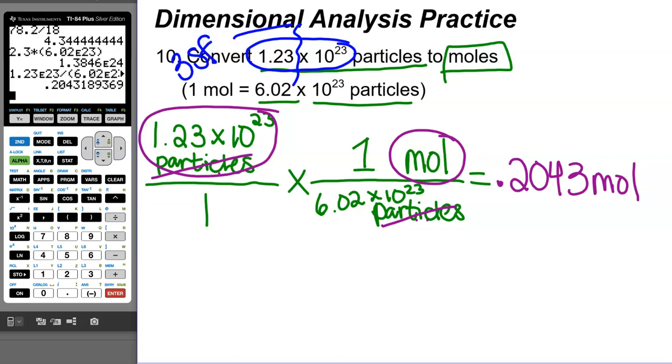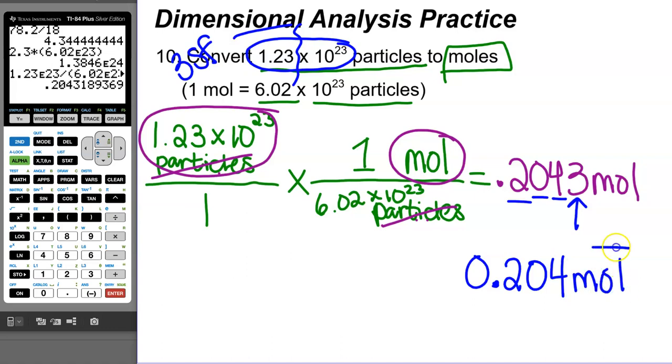We need to round our answer to 3 significant figures as well. 1, 2, 3 places, and then we're going to use that 3 to round. 3 is less than 5, so the 4 is going to stay a 4, so our final answer is going to be 0.204 moles. And I'll box that final answer, and we are finally done.